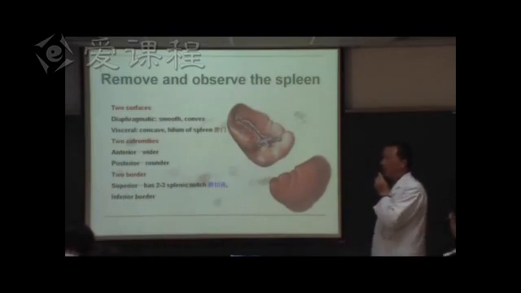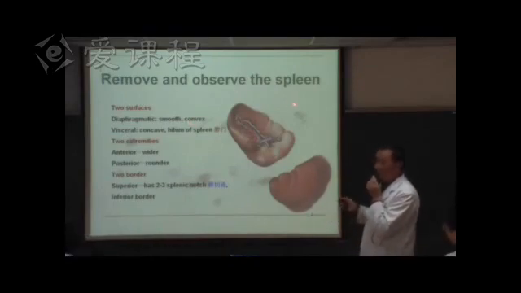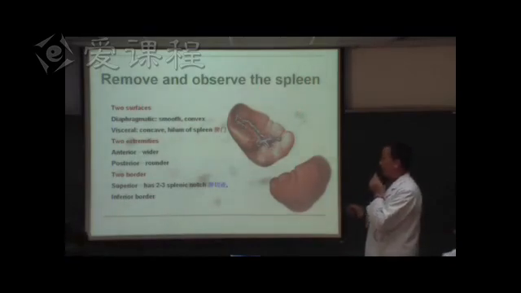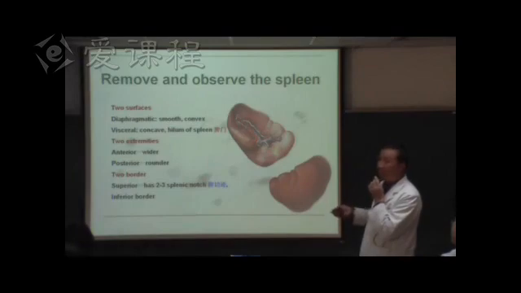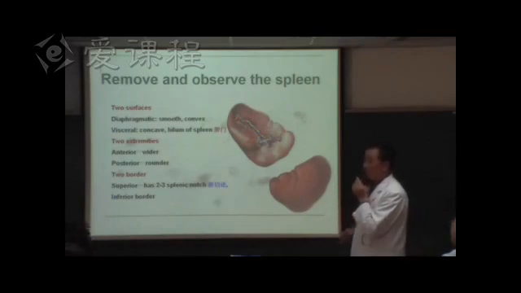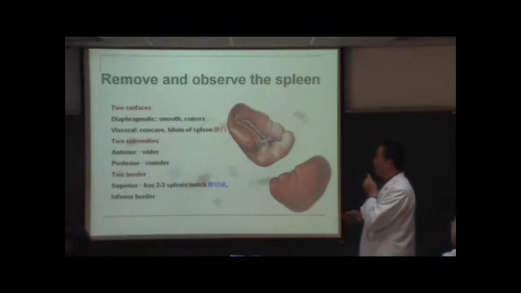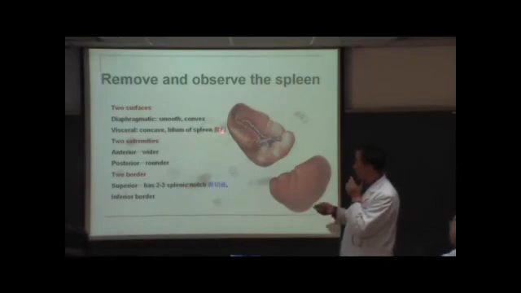And finally, you should remove and observe the spleen. You can cut the arteries and take out the spleen to observe the form of the spleen. The important structures of the spleen: one is the hilum of the spleen, 脾门.